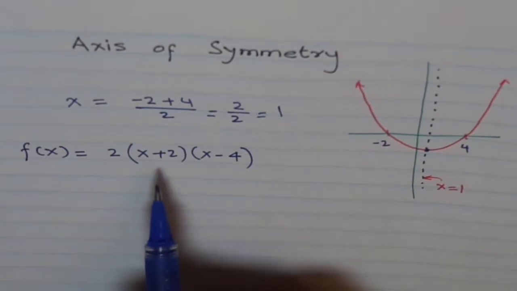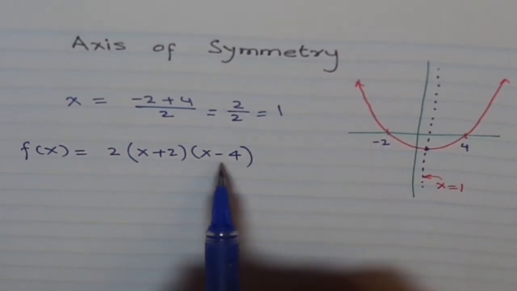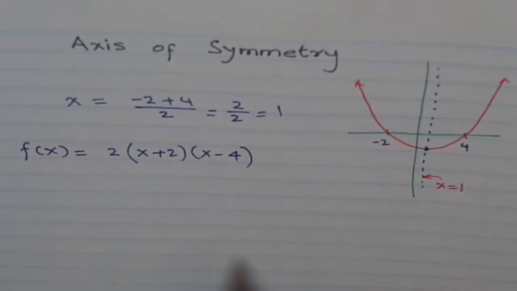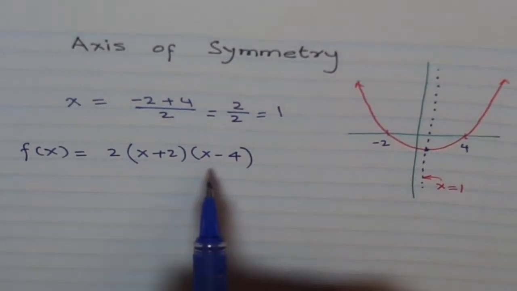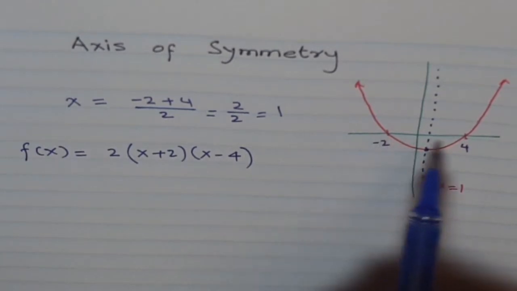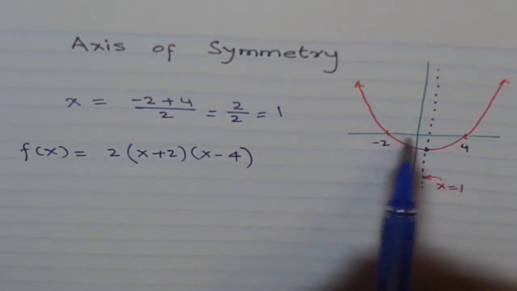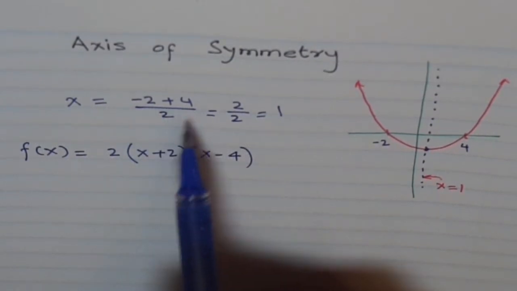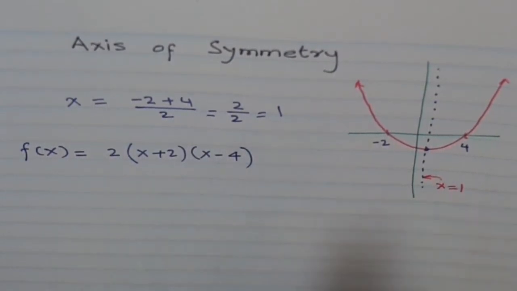The x-intercepts are -2 and 4. So we know the x-intercepts, okay? So where is the axis of symmetry? We found that the axis of symmetry is the average, the mean distance between the two x-intercepts, and we just found it out as (-2 plus 4) divided by 2, which gives us 1.